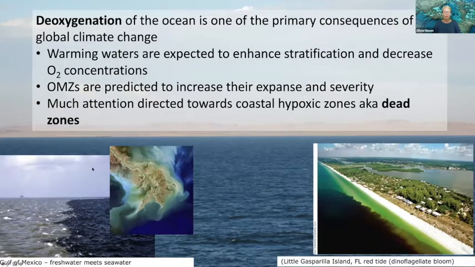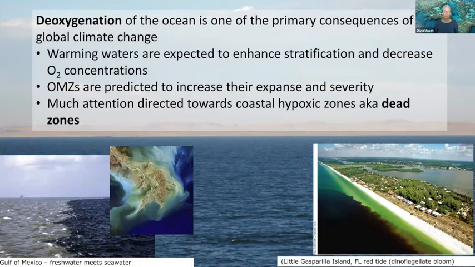So Lauren presented this work today, and I'll just put this here as a visual to show how impactful river input is into the Gulf of Mexico. But again, stepping back and thinking about deoxygenation of the global ocean, that is one of the primary consequences of global climate change. Warming waters are expected to enhance stratification and decrease oxygen concentrations globally.